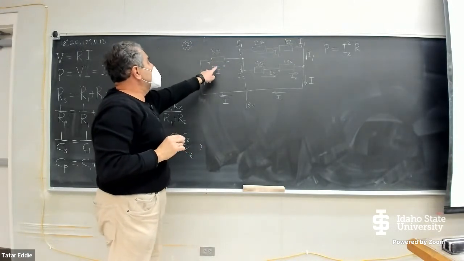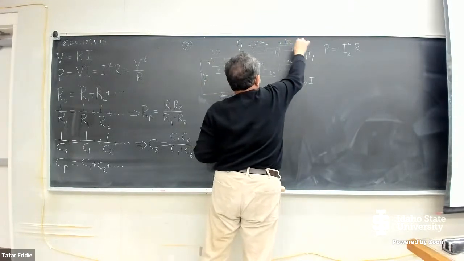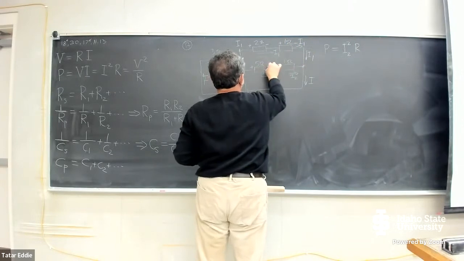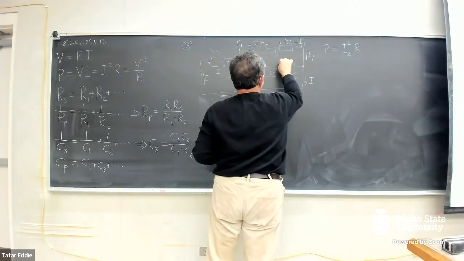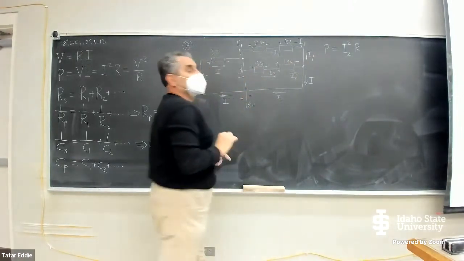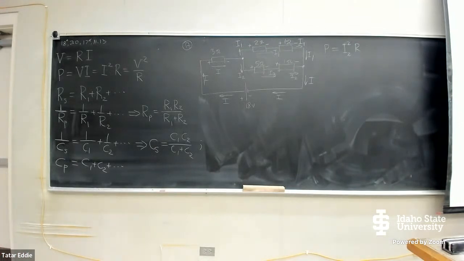So I have plus minus here, and plus minus here, and plus minus here, and plus minus here, and plus minus here. And of course, the battery is the way it is connected. The battery, the longer terminal is positive, and the shorter terminal is negative potential. So this is step number 2.